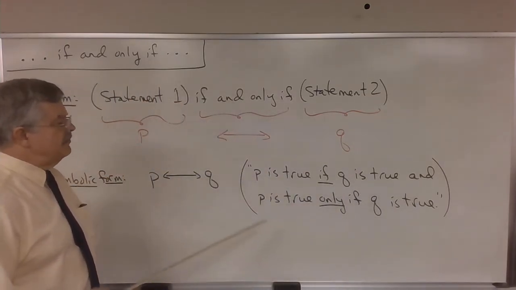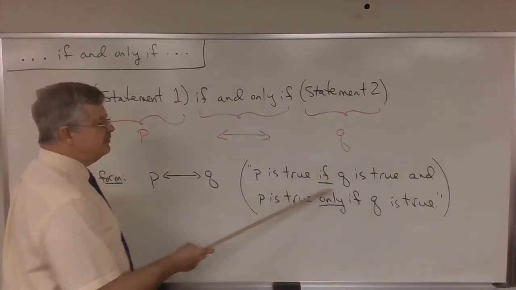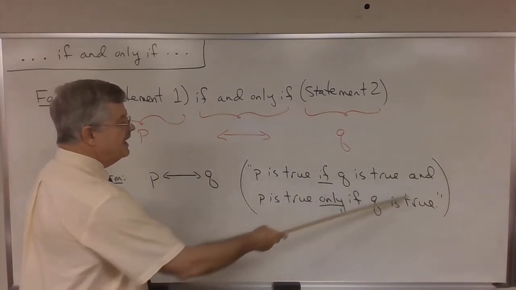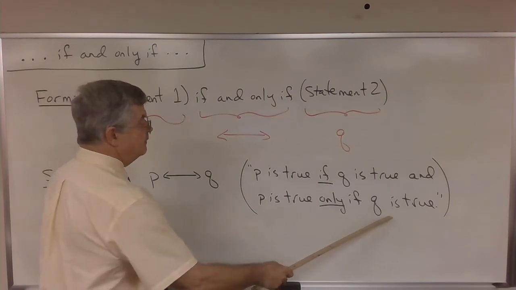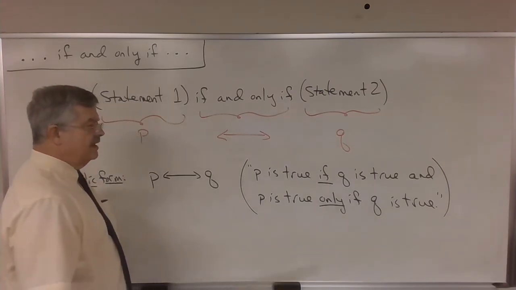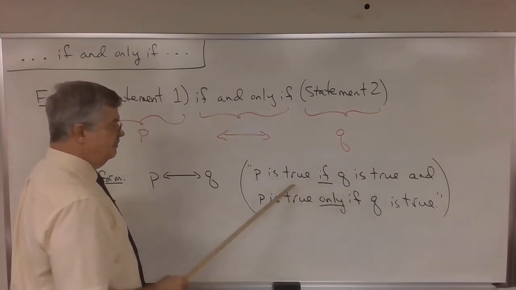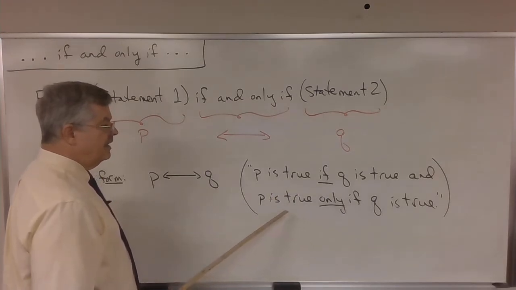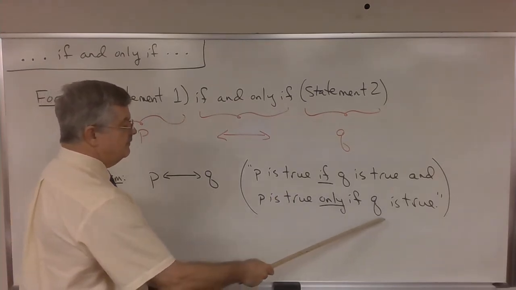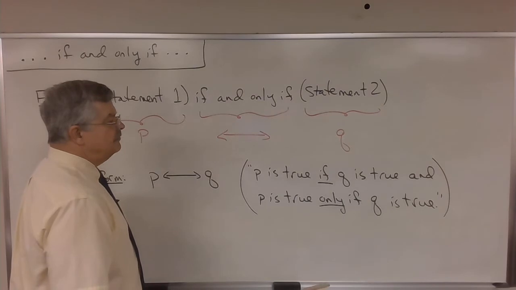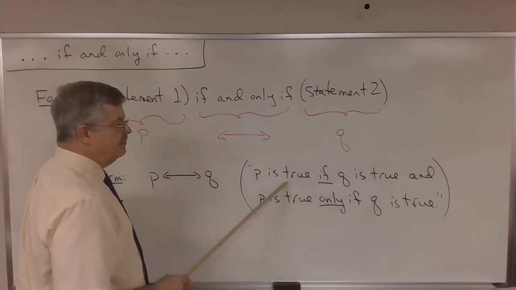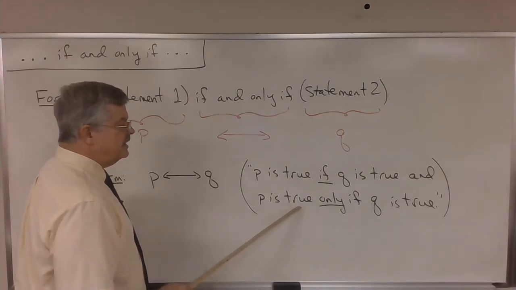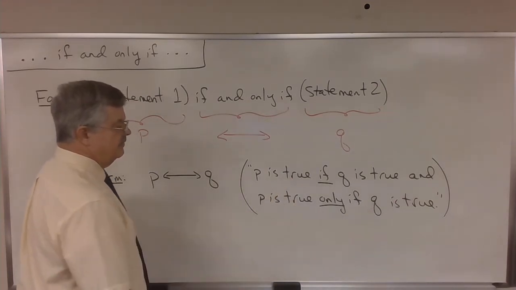So let's see, we might read it this way. P is true if Q is true, and P is true only if Q is true. So if Q is true, P is true. And P is true only if Q is true. So not only is it true that if Q is true, then P is true, but the only time that P can be true is if Q is true.